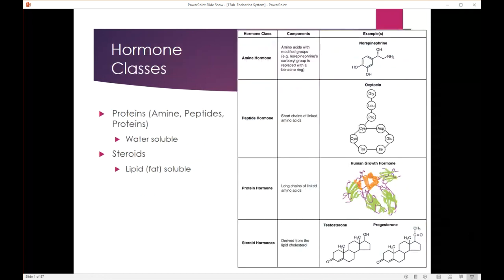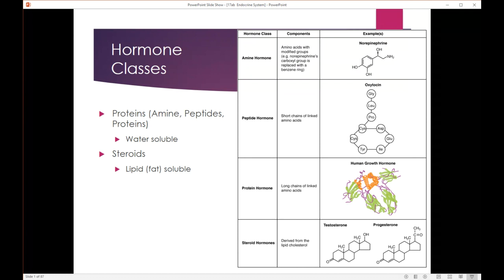There are different hormone classes. We have the amine hormones, the peptide hormones, and the protein hormones. We also have the steroid hormones. Now, the amines, the peptides, and the proteins are all going to be water soluble, meaning that if you were to put them into water, they could dissolve.